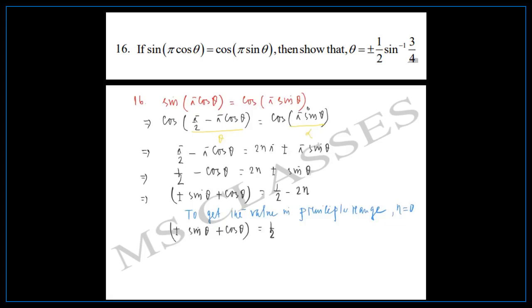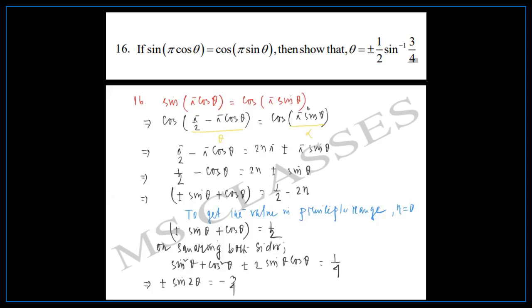Now, squaring both sides, we get sin square theta plus cos square theta plus minus 2 sin theta cos theta equal to 1 by 4. Plus minus sin 2 theta equal to minus 3 by 4.